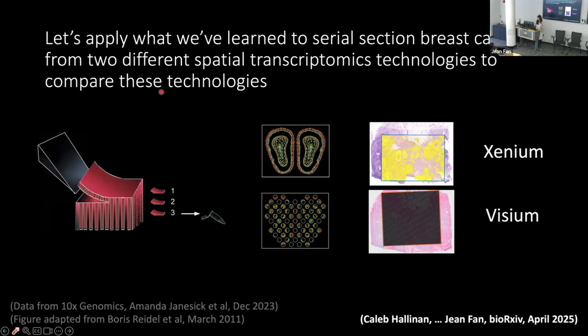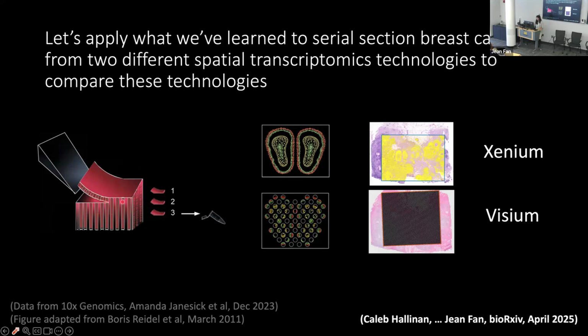Fortunately for us, there was this previous paper from 10x where they took serial sections of a breast cancer tumor. These technologies are destructive, so if you take one section for one technology, you can't use exactly the same tissue section for another technology. But serial sections are probably as close as we can get to a perfect replicate.